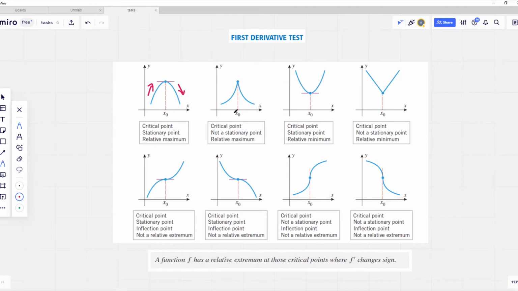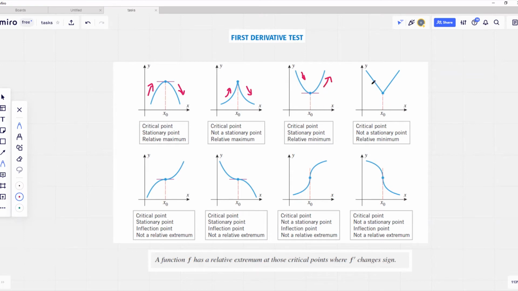after point x0. In this case, we have a point where our function is non-differentiable, and before x0, our function is increasing, and after that point, our function is decreasing. In this case, we have a relative minimum point, and our function is decreasing up to point x0, which is a stationary point, and increasing after this x0 point.